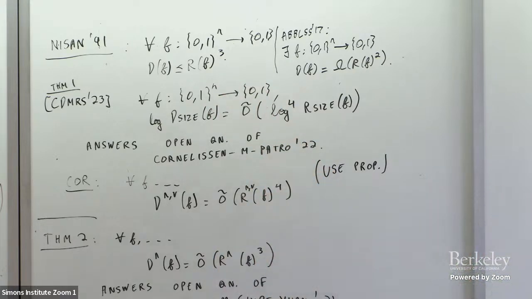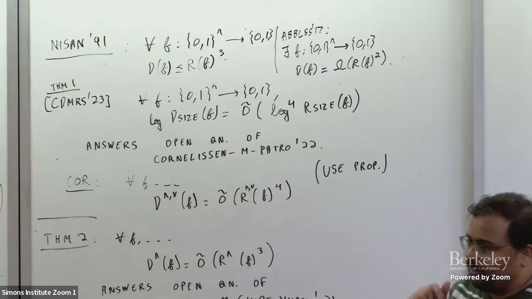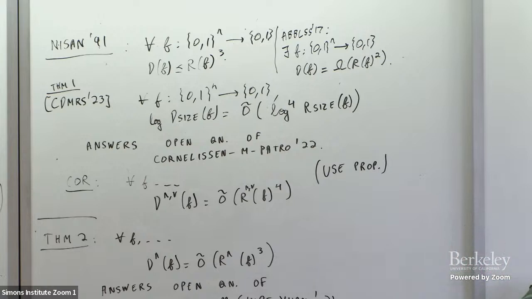For all we know, it might be true for all Boolean functions that deterministic is at most quadratic in randomized. For all we know, there exists a function that witnesses a cubic separation. And there's a lot of research going on in this area. I'm sure maybe 10, 20% of the audience here have thought about this problem at some point.